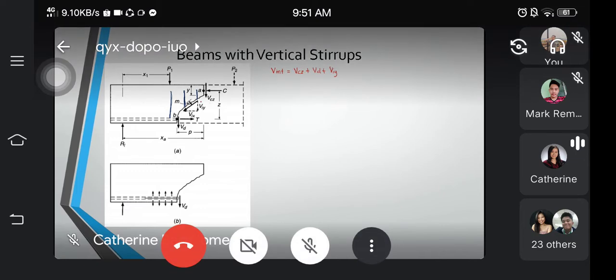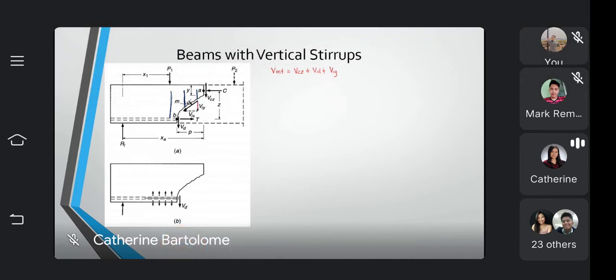So, magkakaroon din tayo ng force coming from the stirrup. Okay, so we call this VS, or we can just simply calculate this as AVFY, or the area of the reinforcement times the yield stress.